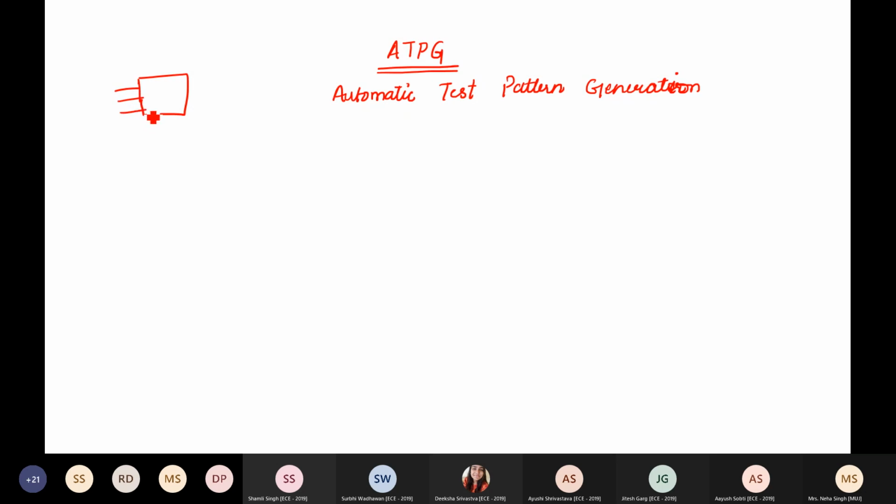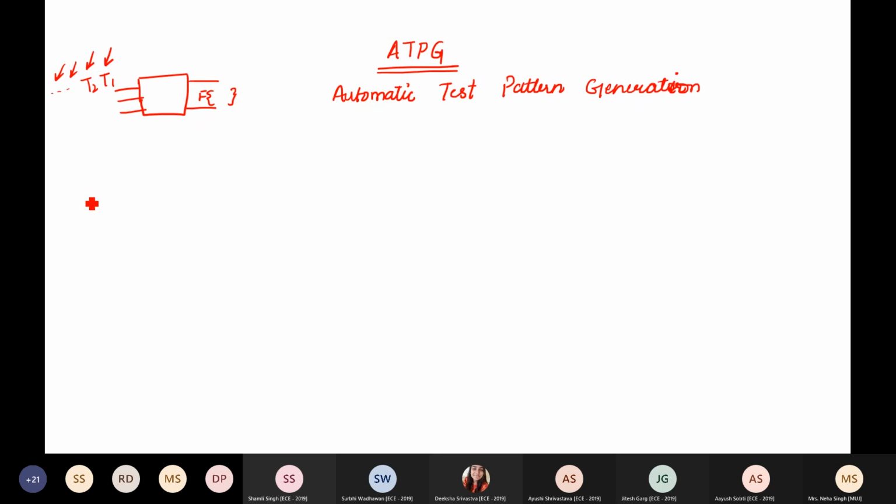We were giving the test vectors T1, T2, T3 and so on, and we were analyzing the set of faults which were detected using different simulation methods and the critical path tracing method. Now the question appears, how to choose this T1, T2 and other test vectors?